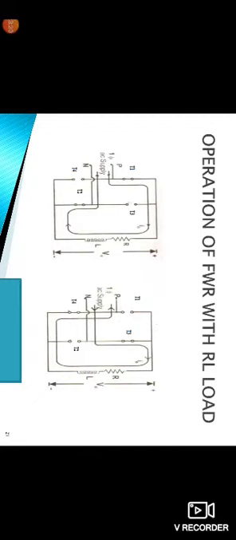Here is the operation with RL load. Four thyristors are used, T1, T2, T3 and T4. Both thyristors T1 and T2 are switched off.